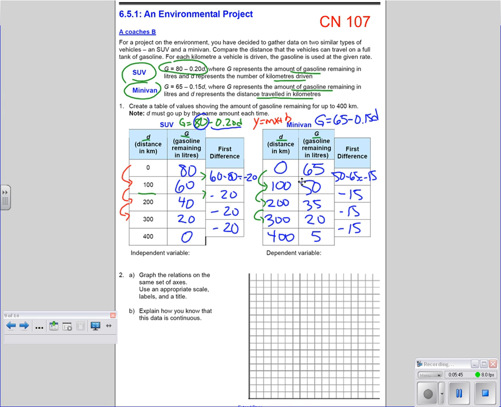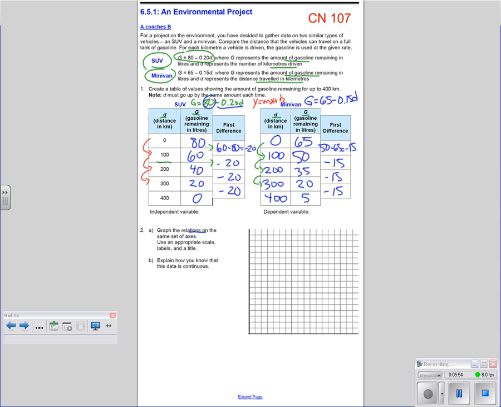All right, then I need to graph both of these relationships on the same set of axes. So I will need to go up to the distance of 400, so from 0 up to 400. And I will need to have enough space for my gas remaining, to go up to 80.